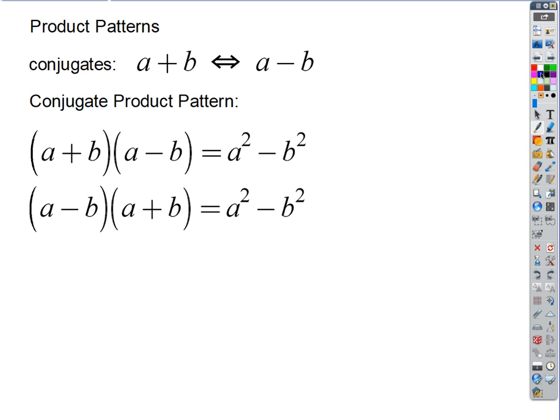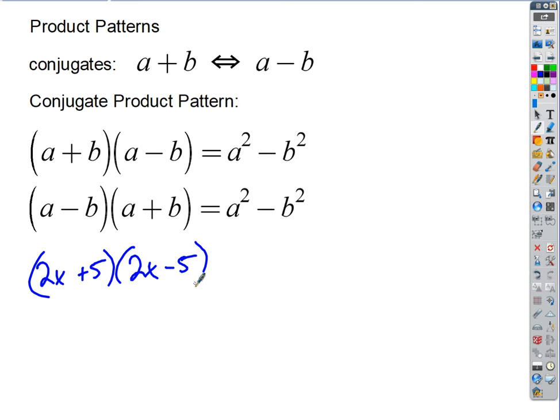So what if we had something like, let's say, 2x plus 5 times 2x minus 5. So what's my a and what's my b in that pattern? So you'd include the x.